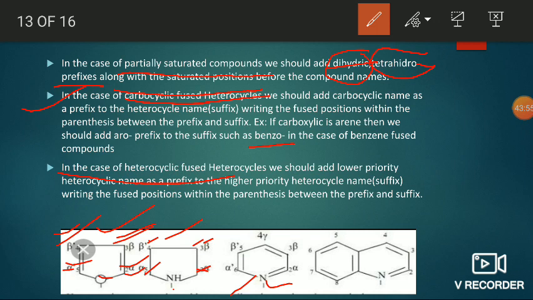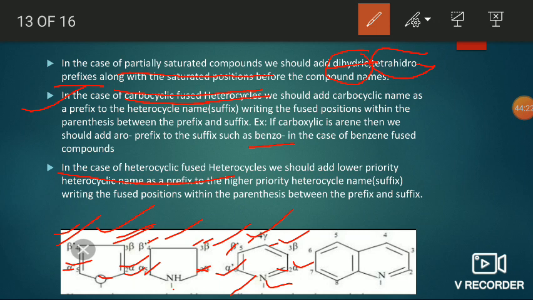Then the other atoms follow anticlockwise, 2, 3, 4, 5, 6. The carbon atom adjacent to nitrogen gets alpha according to Greek letters. The second is beta, the third is gamma. On the left side it gets alpha dash, beta dash.